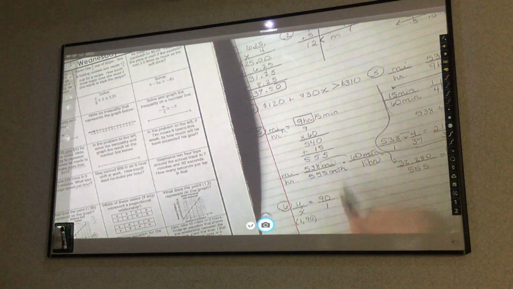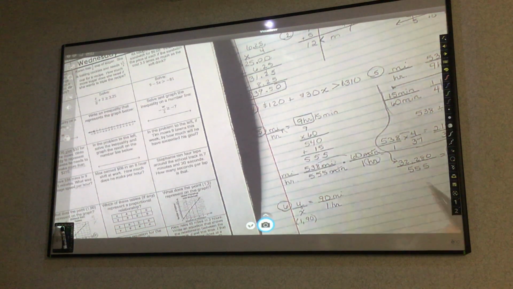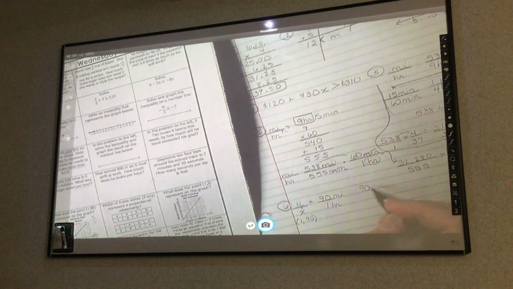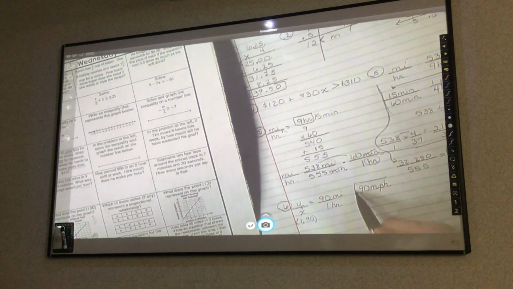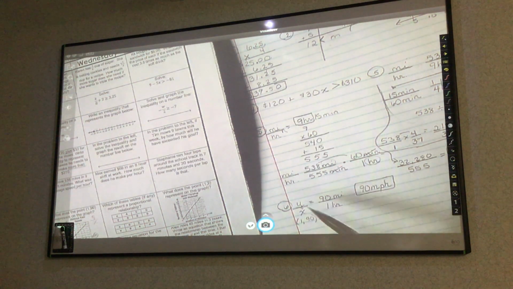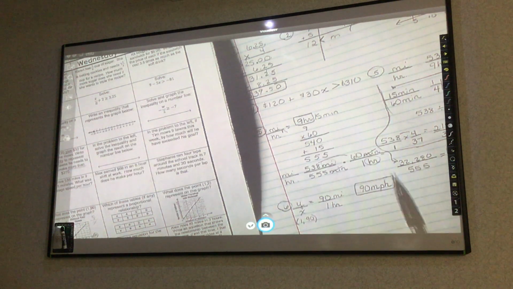My x stands for hours, my y stands for miles. So this would be read as we are going 90 miles per hour. Told you yesterday it's going to be important to know it's y over x, y over x, y over x.